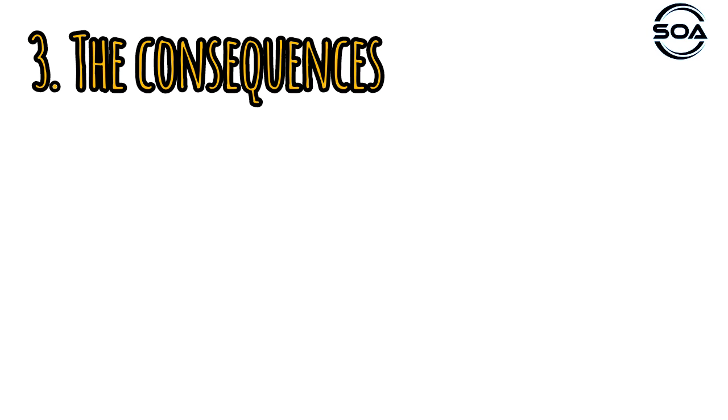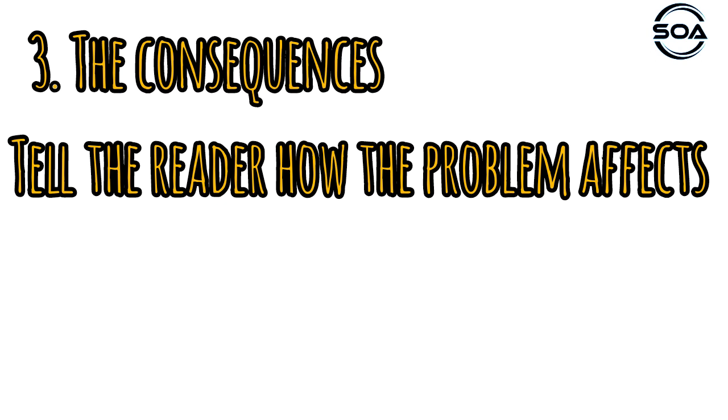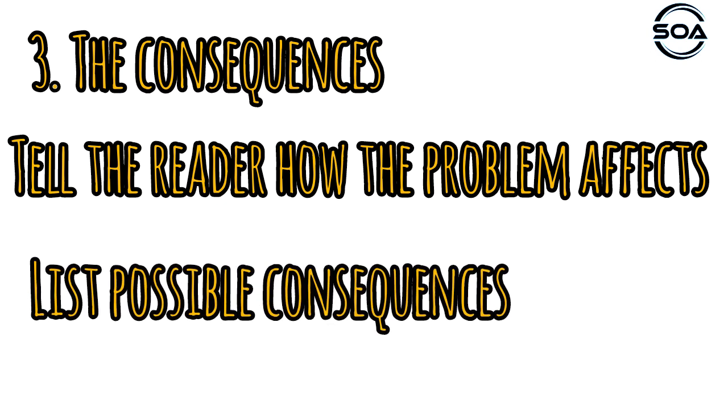And number three, the consequences, is the place where you try to show what the problem may affect, or what your research shows, bringing forth the effect and the magnitude of the problem on society or the people that may be affected.